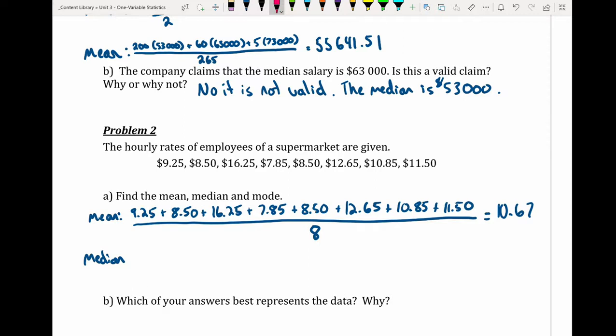So lowest value, if I go through, lowest I see is the 7.85. I'm just going to put a little dot above it so I know that I've used that one. The next is 8.50. I have another 8.50 as well. Then the next one is 9.25.